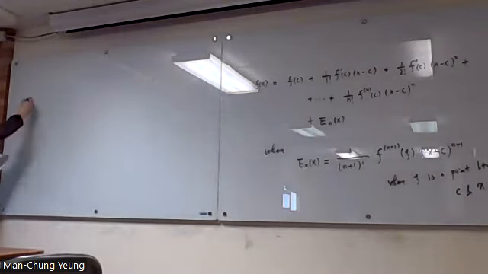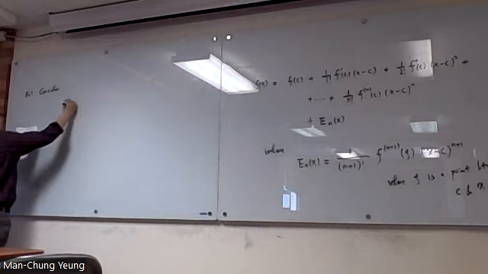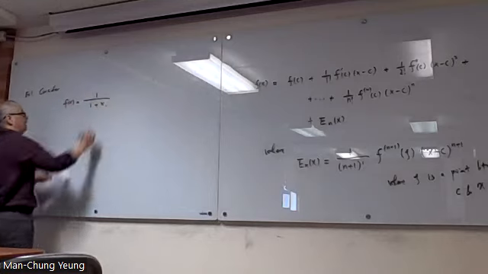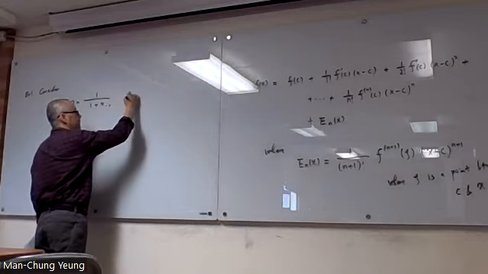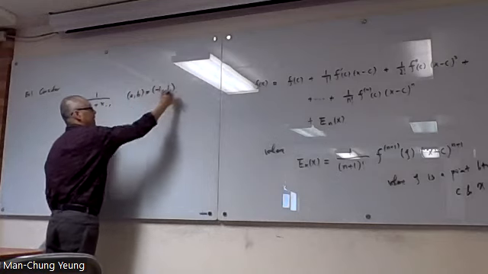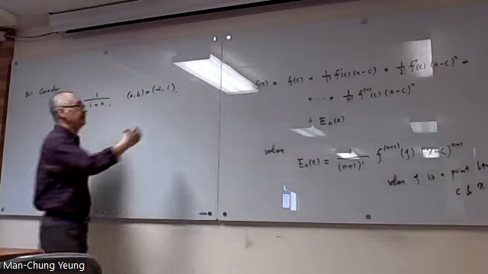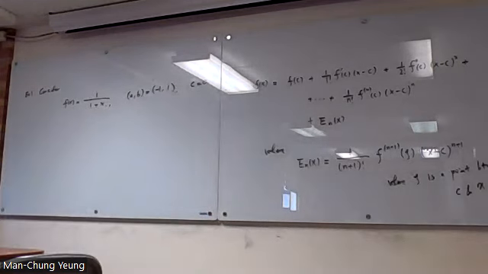So let's take a look at this example. Consider this function. And the interval in Taylor's theorem, a, b, be negative 1, 1. The point c is 0. Just consider this case.